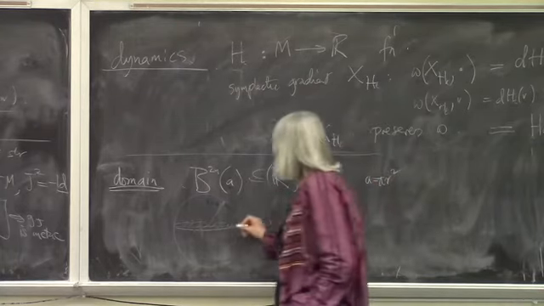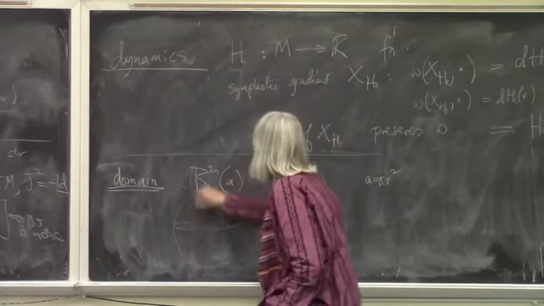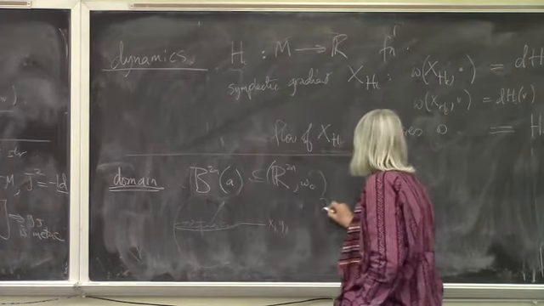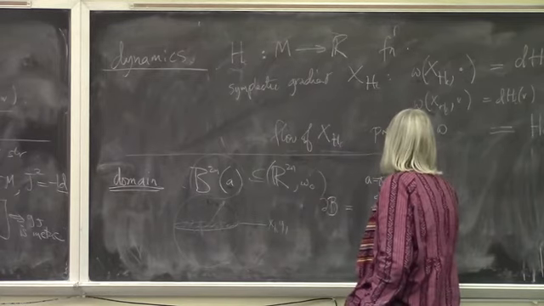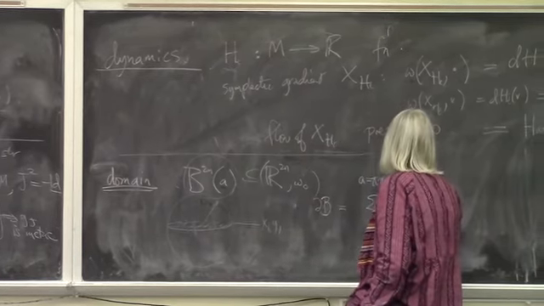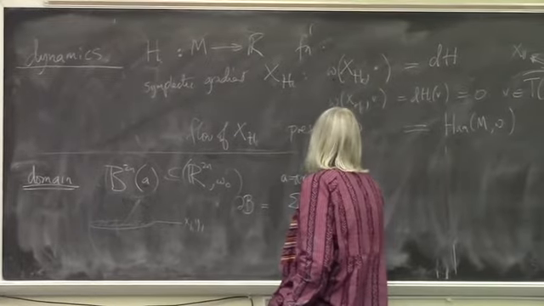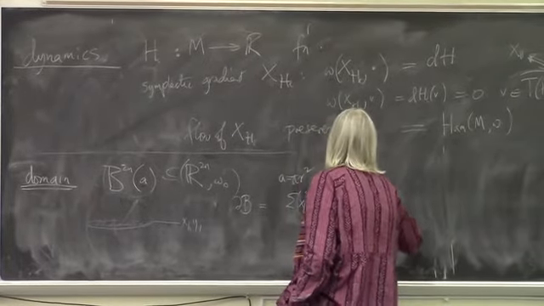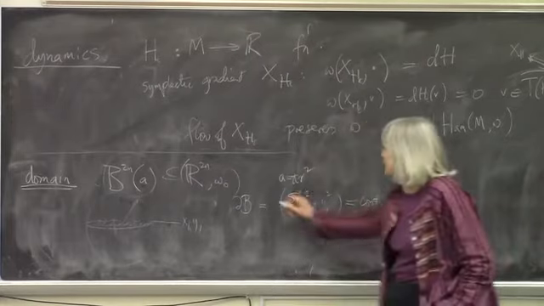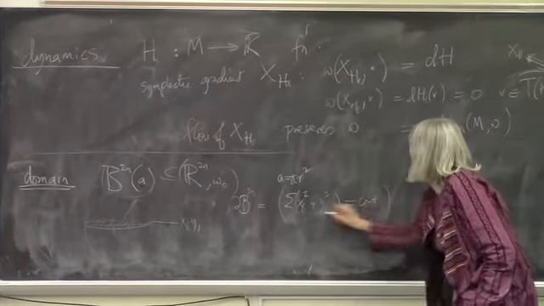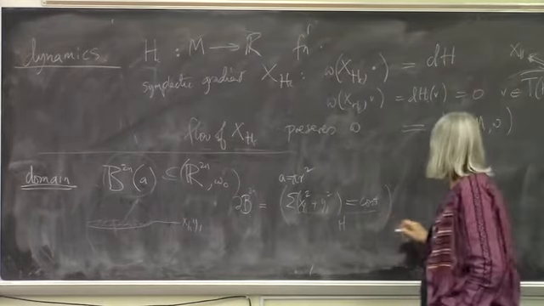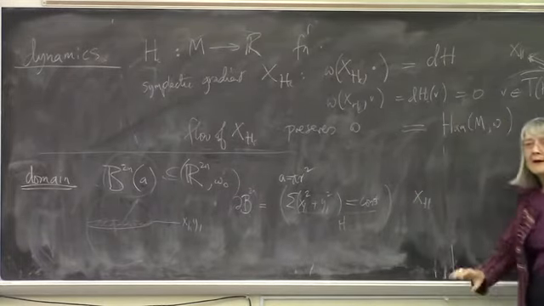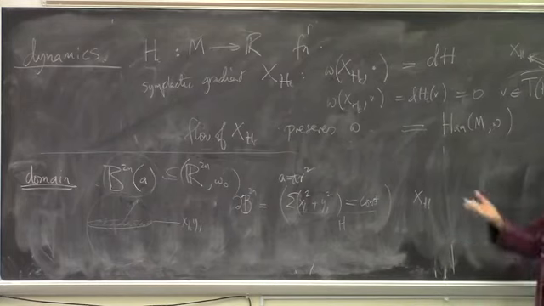And in fact, if you just take a ball, you see the boundary of the ball is the level set of the sum of xi squared plus yi squared equal to a constant. That's a function h, and if you look at the corresponding symplectic gradient Xh, you can just calculate, that's just rotation. It's a diagonal action.